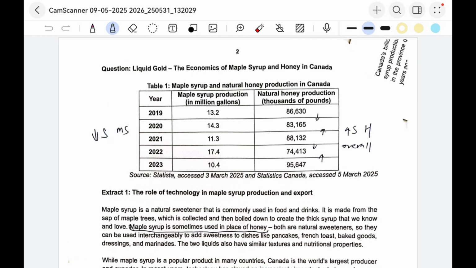In this case, it seems like the good that you are looking at is syrup and honey, and it's in Canada, because when you are very sure of the market that you look at, eventually when the question asks about the price or related indicators of the market, then you know what it is talking about, because there will be times when the market is actually on A, but the question could talk about the derived demand for factors of production of A.